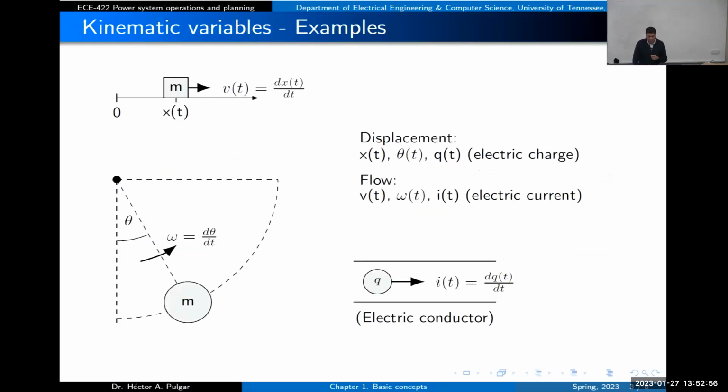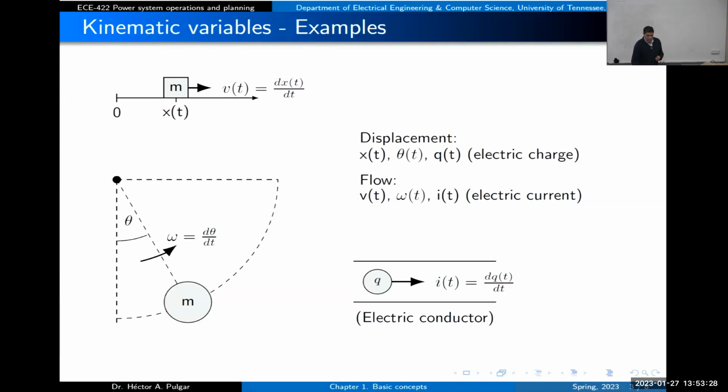So that's a classification for any system. We can have these four types of variables, and here I have three examples. The linear example that I already described here, but also we can have a rotational translation, and we will apply this in the case of generators in the power grid, or also, because we know this very, very well, this can be applied to an electrical circuit as well.